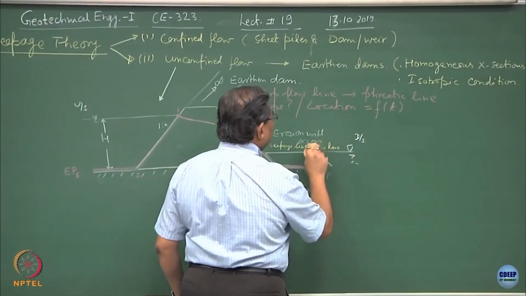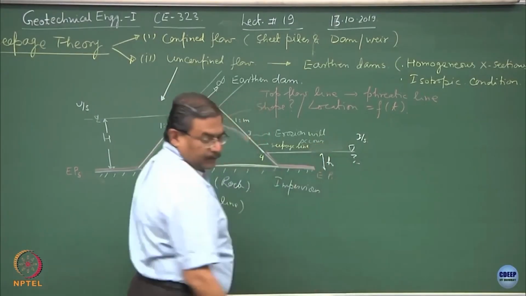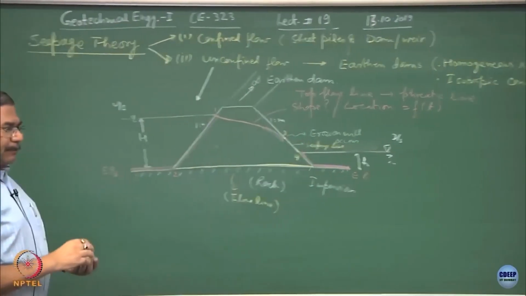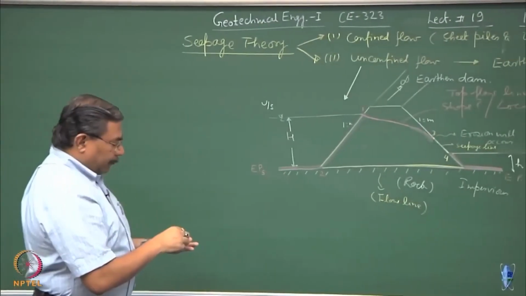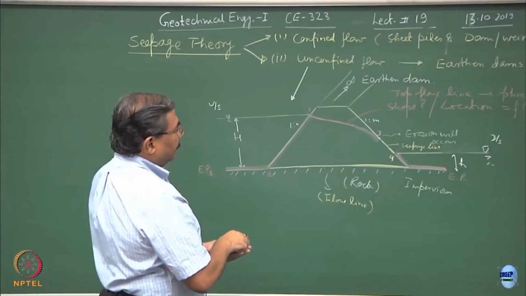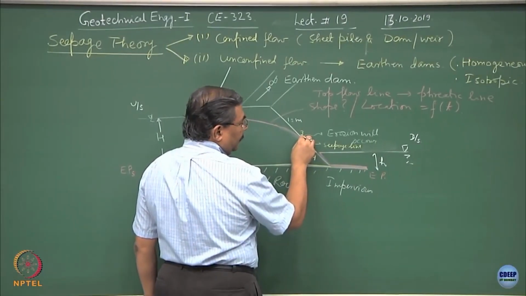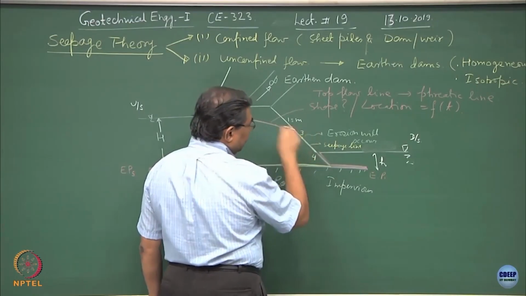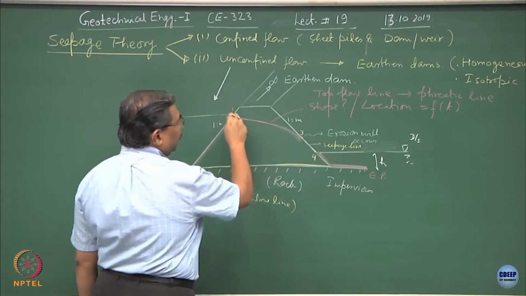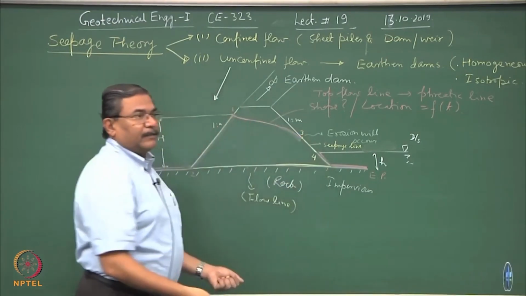Better you call this a seepage line only, alright. Now we are interested in finding out what is the location of point 3, what is the velocity of the seepage which is taking place at this point, what is the shape of the top flow line, alright, and what is its location.